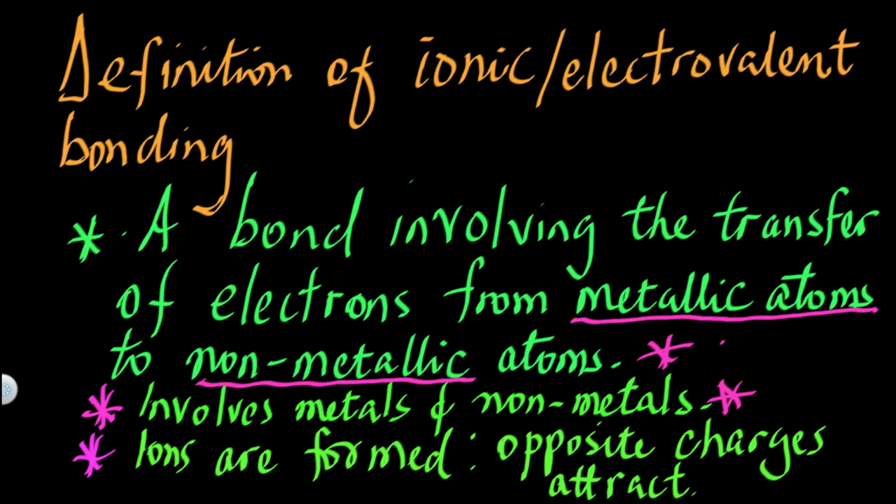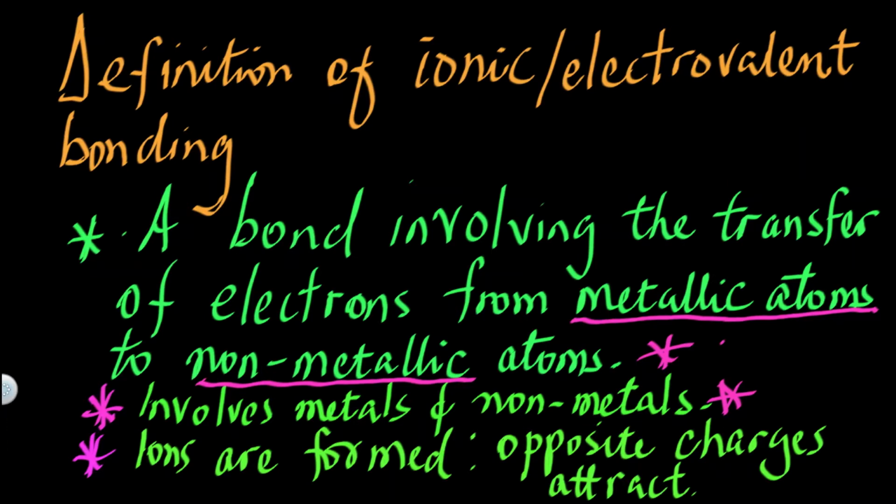And I want to end by saying, once there is this transfer of electrons, remember electrons are charged particles. So if a neutral atom loses two electrons, it is going to have a net positive charge.